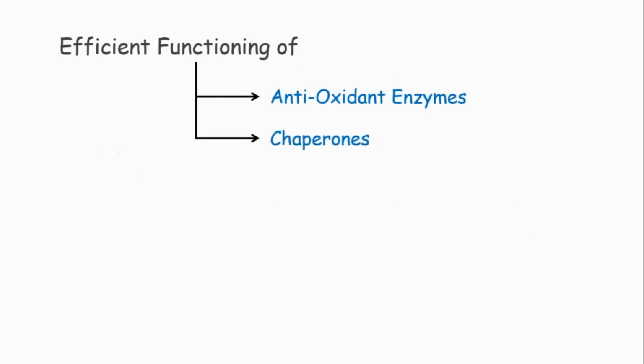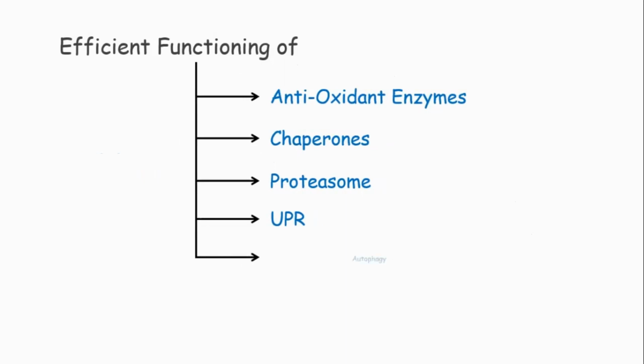The efficient functioning of antioxidant enzymes, chaperones, proteasome, UPR, and autophagy is considered as maintenance of cellular homeostasis, and the gradual disruption of such biological pathways responsible for their proper functioning can be defined as aging.